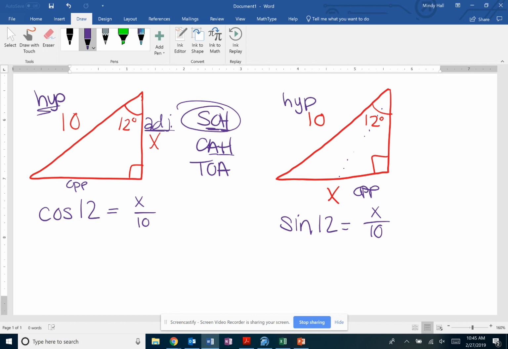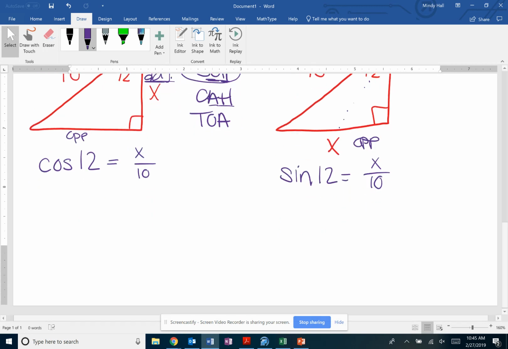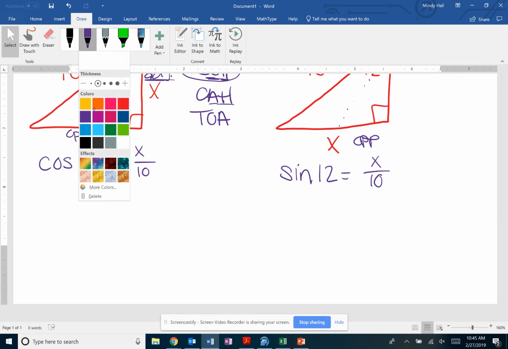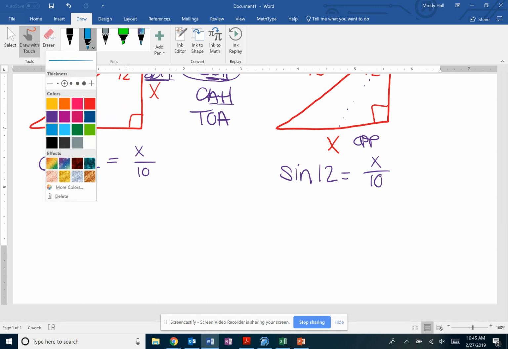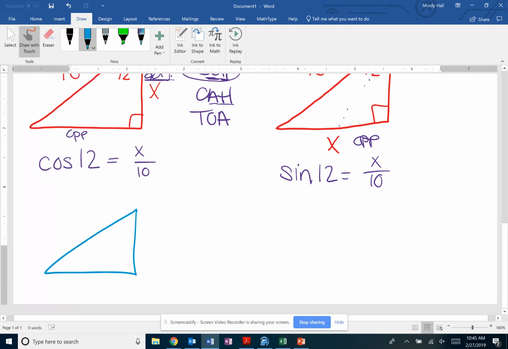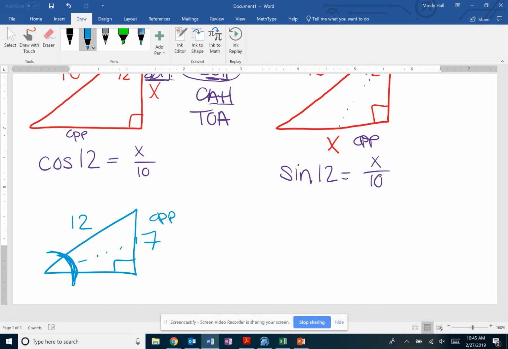If you end up getting into inverse trig, you're going to do it the same way, and I don't have it pre-drawn. But let's say you had a right triangle and you were trying to find this angle down here, and you knew that this was 7 and let's say 12. Looking from this angle, 7 is our opposite and 12 is our hypotenuse.